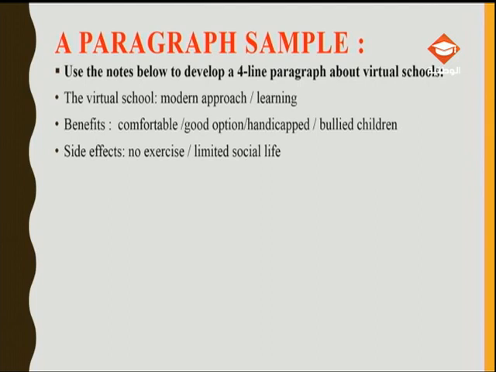Then, side effects or drawbacks, no exercise, limited social life. So here we have 3 sentences about the virtual school, and we have to develop these 3 sentences into a paragraph by adding the words we have just mentioned.